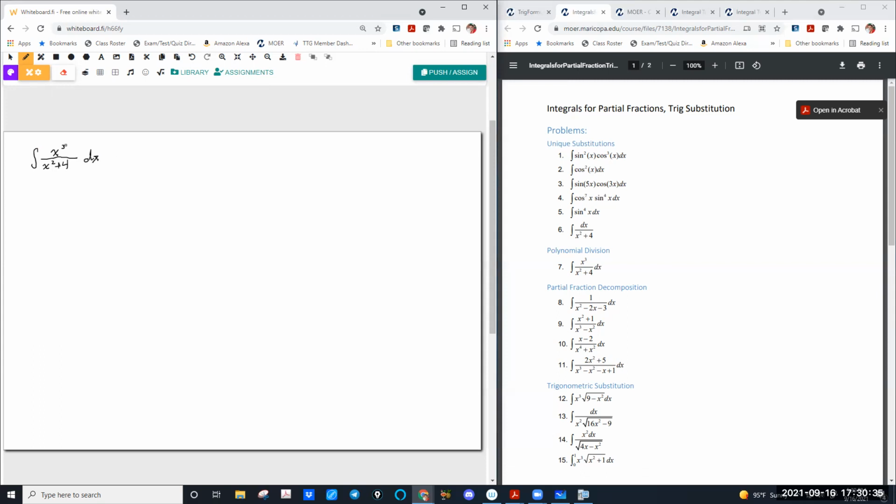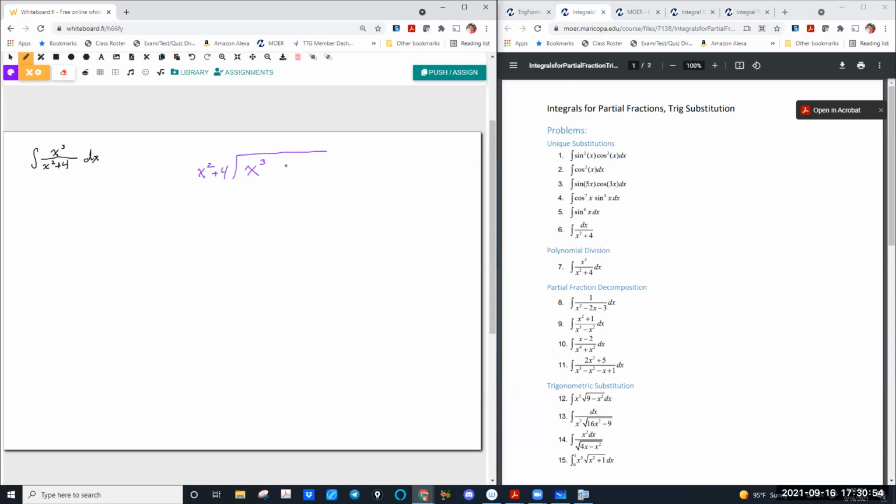So with polynomial division, remember the way a fraction works. Basically, this is the same as saying x cubed divided by x squared plus 4. So we're basically taking x cubed and dividing it by x squared plus 4.